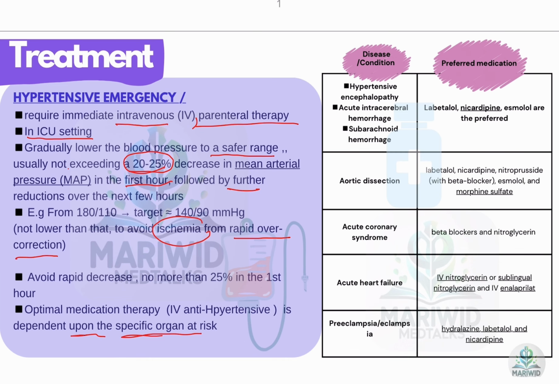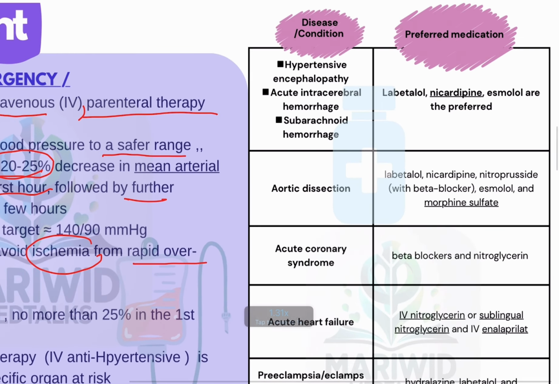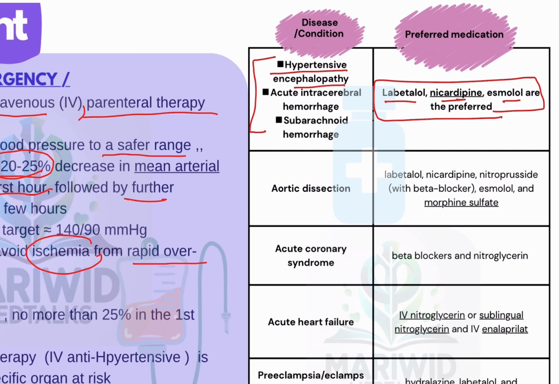Here in this table, we have the involved organ with the preferred medical agent. In general, in neuro or CNS involvement such as hypertensive encephalopathy, acute intracerebral hemorrhage, or subarachnoid hemorrhage, the preferred medical agents are labetalol, nicardipine, and esmolol.